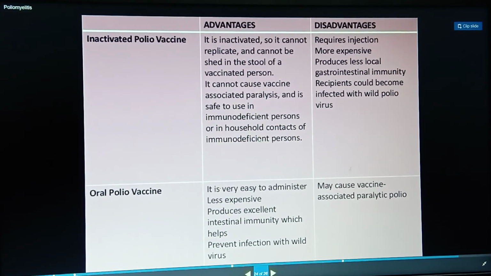Okay, and it may cause vaccine associated paralytic polio, so if you are not maintaining proper hygiene with this oral polio, it may cause the recurrence of the polio virus.